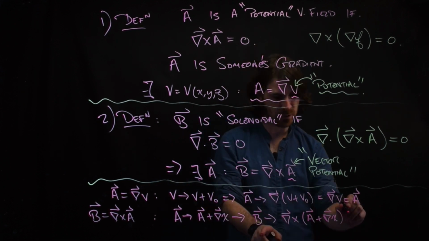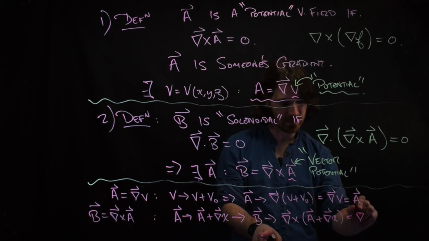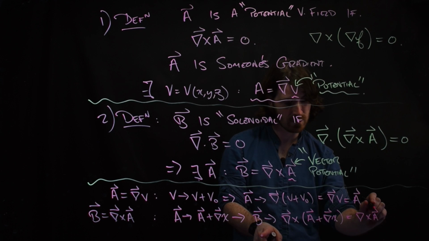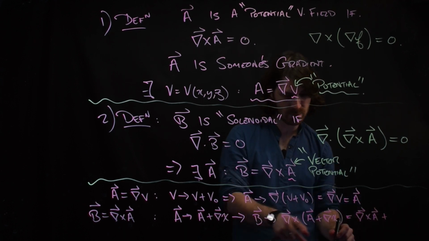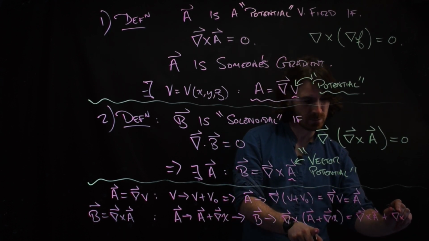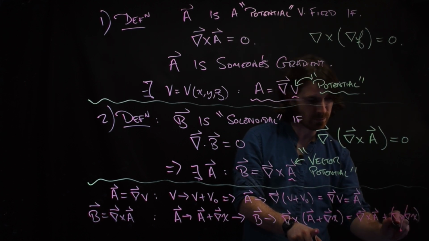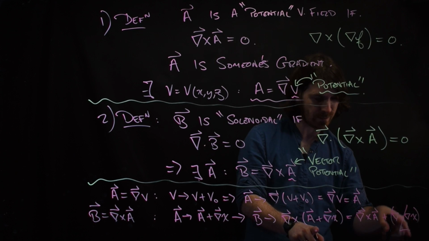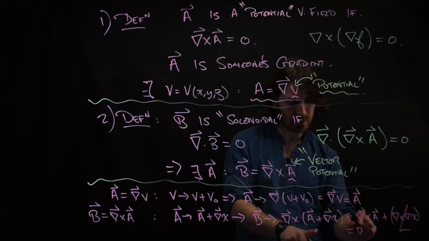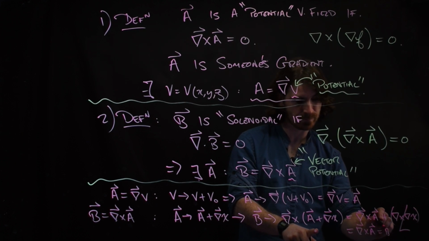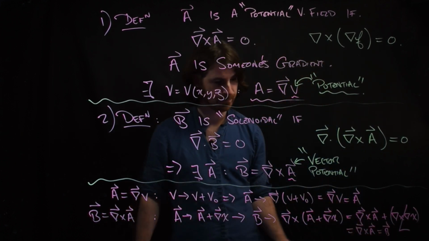This is just two terms: the curl of A plus the curl of the gradient of chi, and this thing is 0 identically. So we get curl A back, which is just the B that we started with.